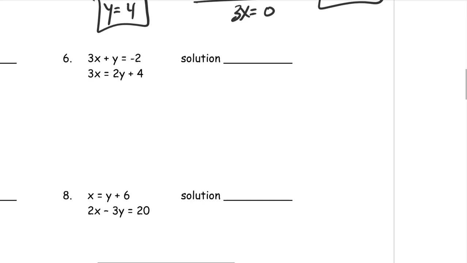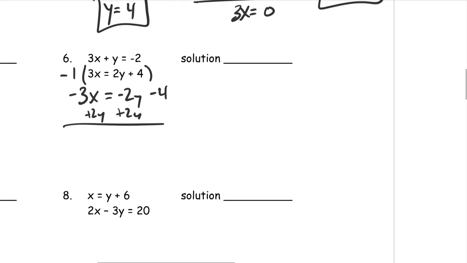If I multiplied this top equation by negative 1, we get negative 3x equals negative 2y minus 4. And then if I move that y over, I add 2y to both sides. I like doing elimination. So then we get negative 3x plus 2y equals negative 4.